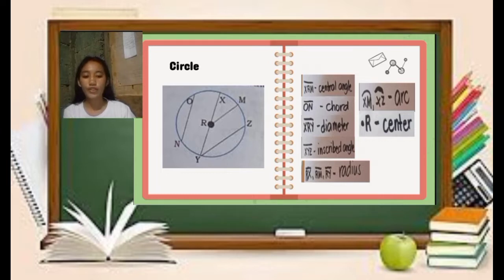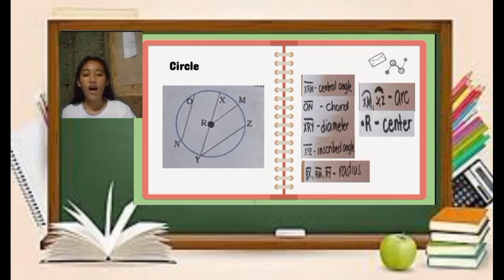Next is chord. It's also a line segment that has an endpoint on the circular border but does not pass through the midpoint. So in the figure given, the chord is line ON.